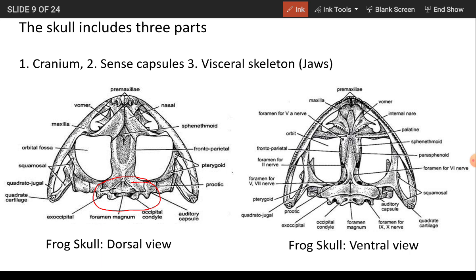On ventral side, it has the parasphenoid segment at posterior end of the cranium, and at the anterior end of the cranium it has the sphenethmoid. This is the sphenethmoid region dorsally, and it also has the frontoparietal region at mid dorsal region of the cranium.